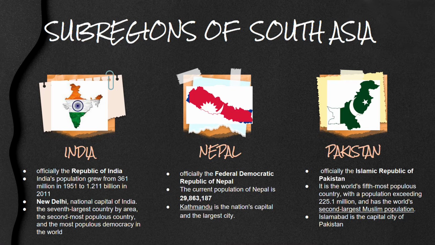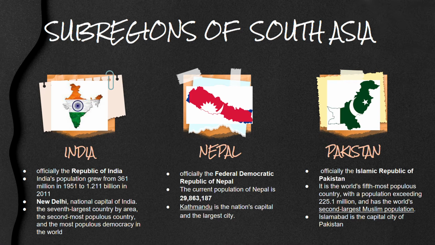Nepal is a multi-ethnic, multilingual, multi-religious, and multicultural state, with Nepali as the official language. The current population of Nepal is 29,863,187 people.